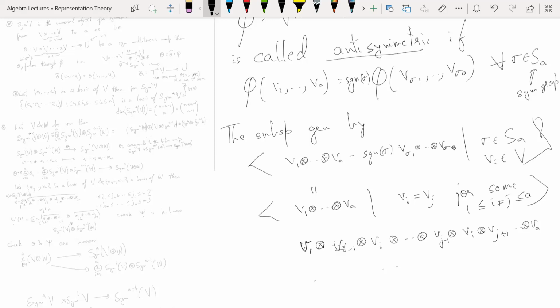Some basic identity is needed, something like V tensor W plus.